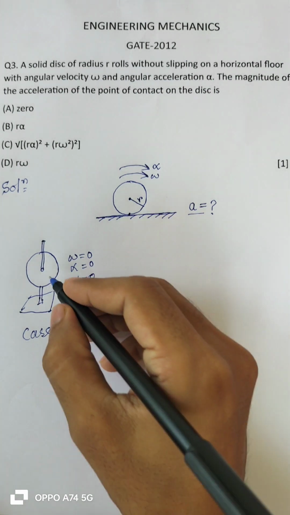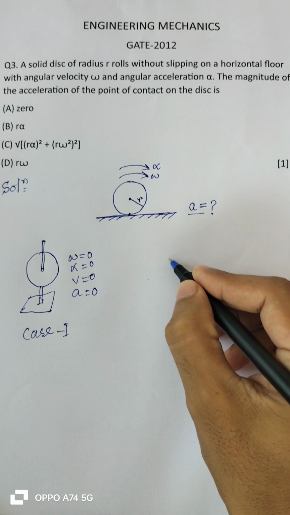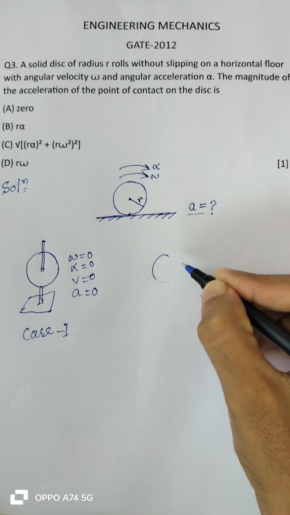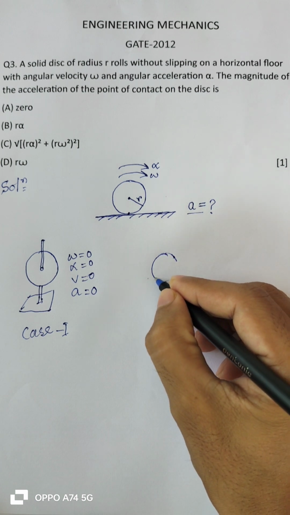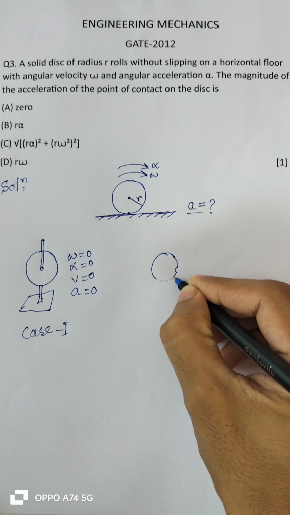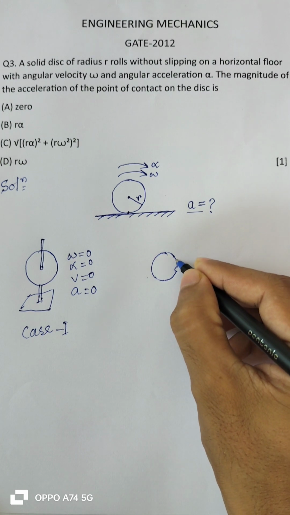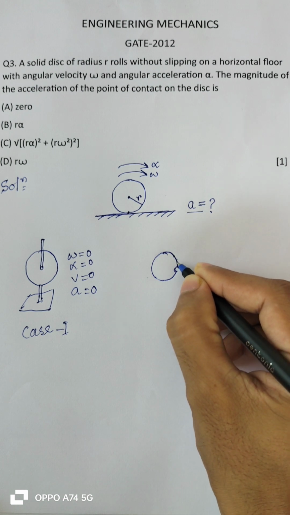Now let's suppose this stand is at the periphery. Suppose this is the disk and I have made the punching at the periphery.